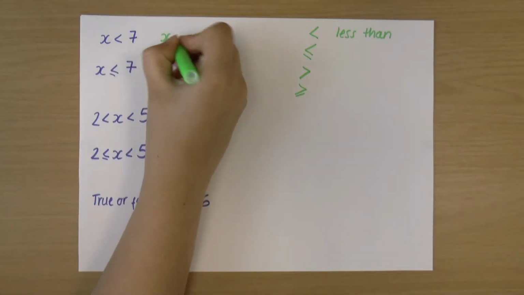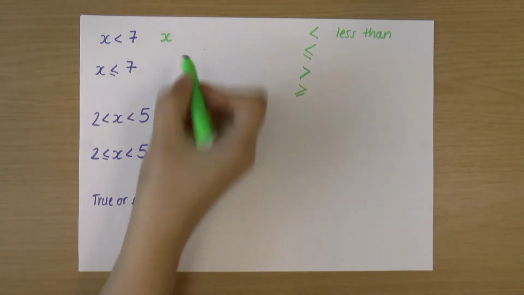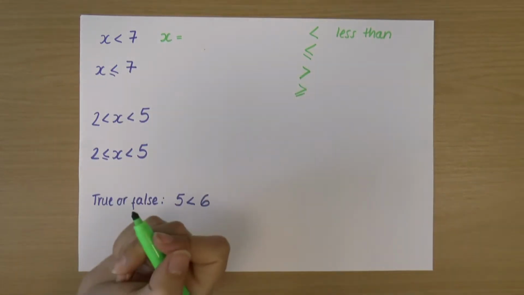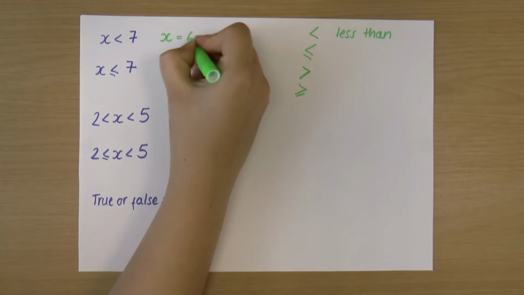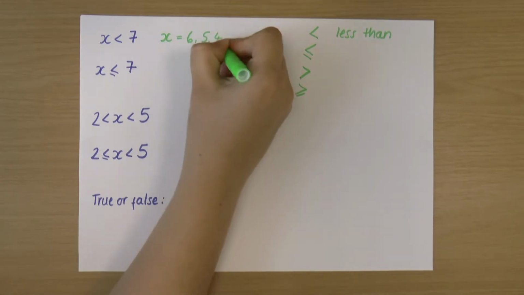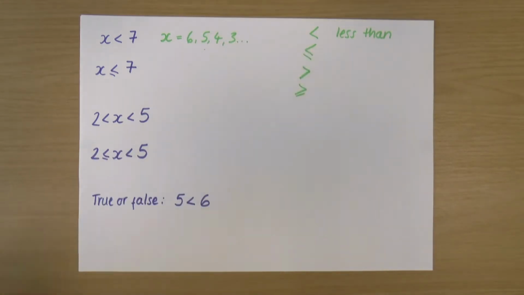So I know that x is less than 7, so x can be any number that is less than 7. So 6, 5, 4, 3, etc. Could be like -10, -20, anything that's less than 7 will fulfill that inequality.